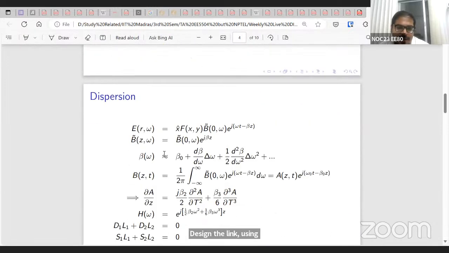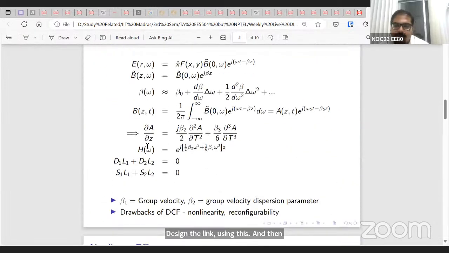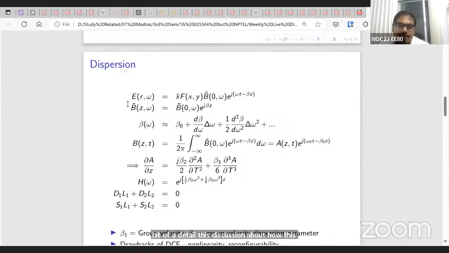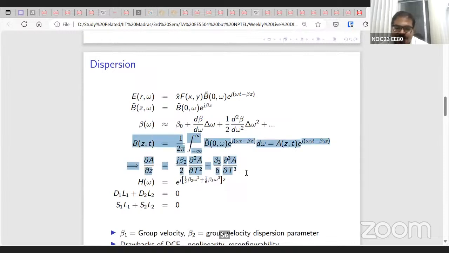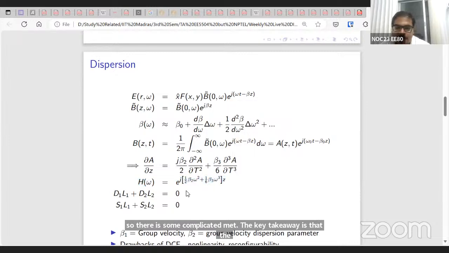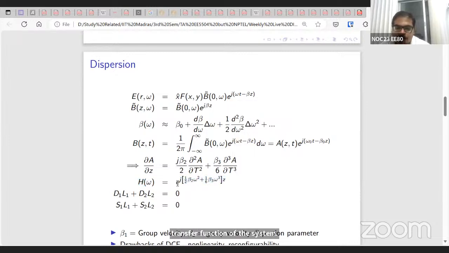And then we moved on to a bit of a detailed discussion about how dispersion distorts the shape of a pulse. There was some complicated math. The key takeaway is that the transfer function of the system can be found using this expression.